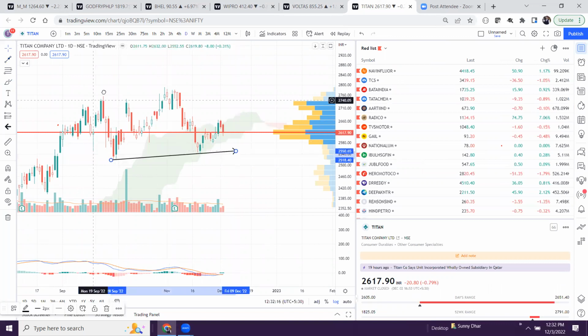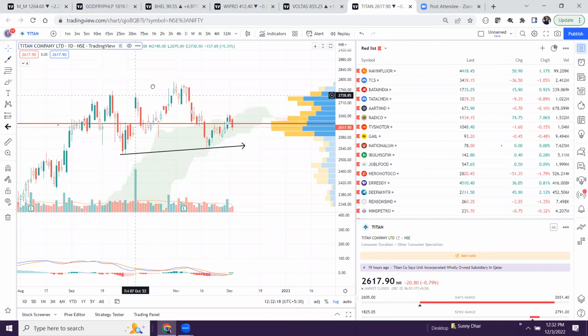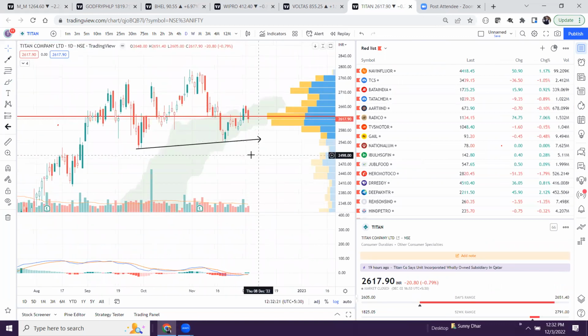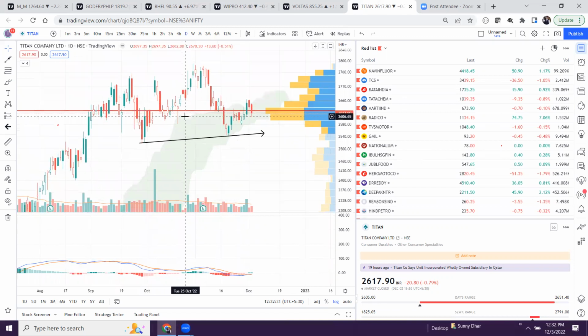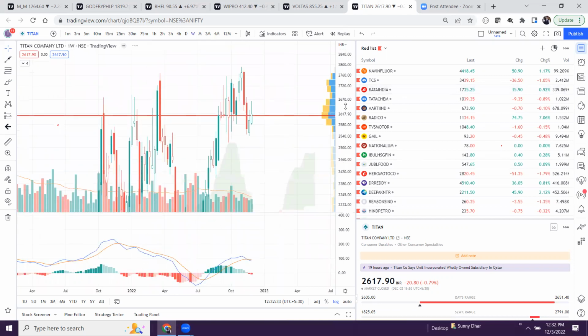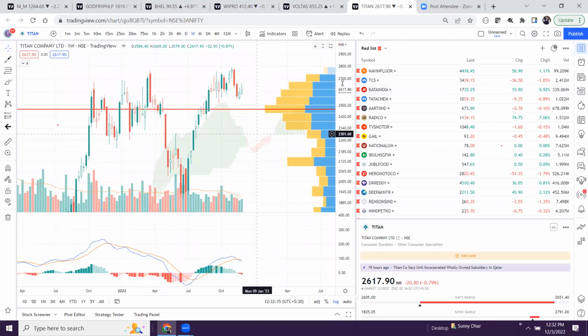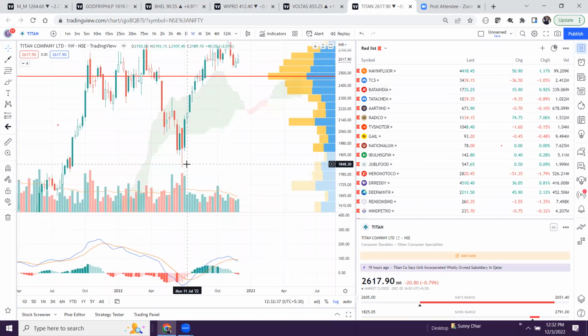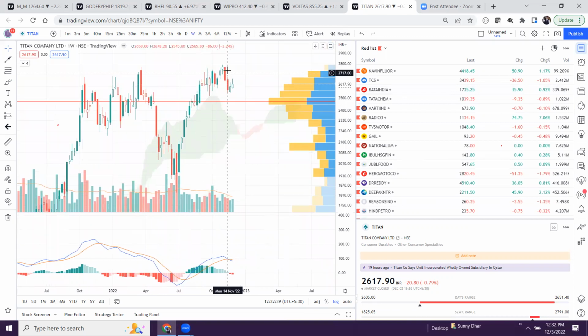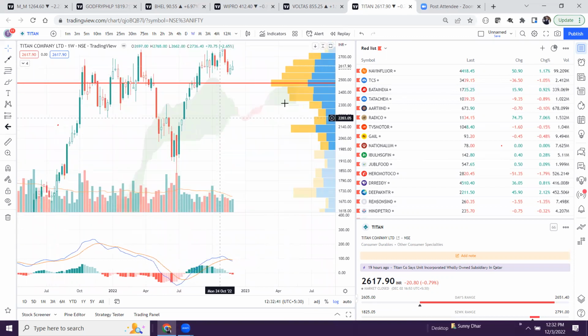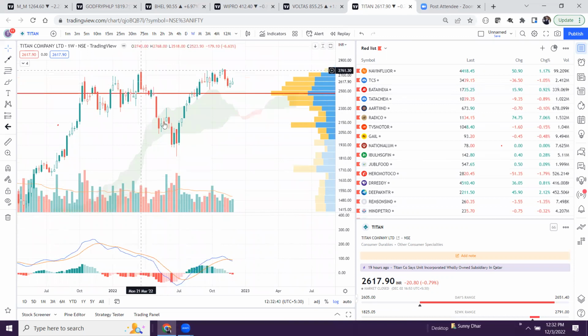So do you have any question on this Titan chart? What was your analysis, and was there any question on that? Essentially, if you look at Titan at a weekly and a daily basis, there was a run up from 1900 to 2800. Just prior to that, it fell from 2600 to 1900, and then it retraced back.